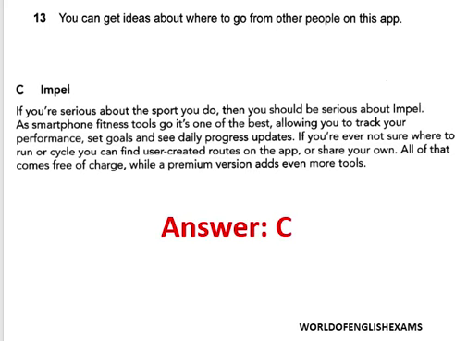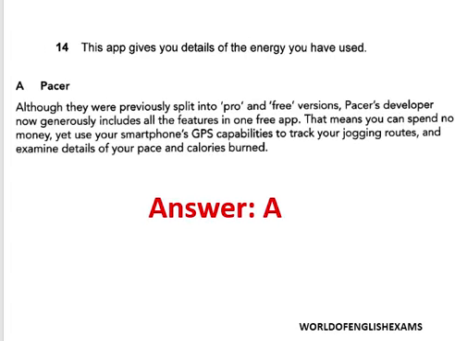If you're not sure whether to run or cycle, you can find user created routes. So user created routes means other users have created routes on the app, or share your own. So you can also get guidance from other people. Hence, what is the answer? It is C.